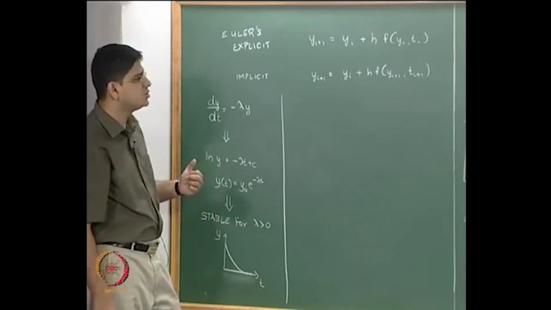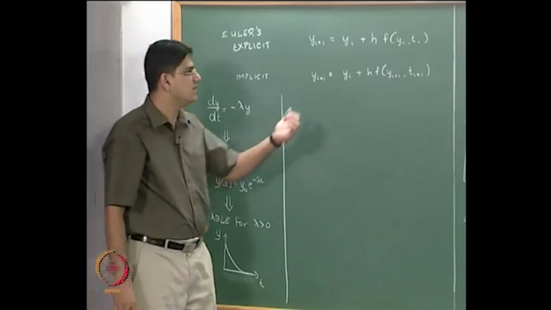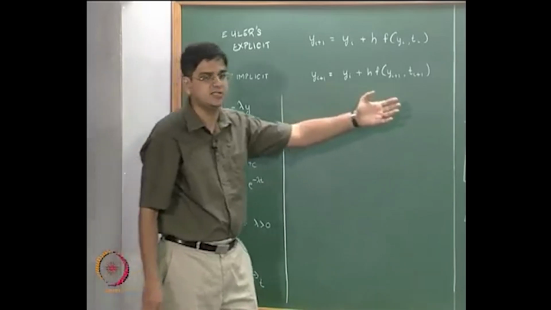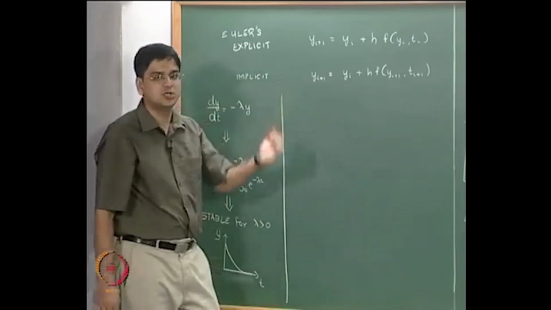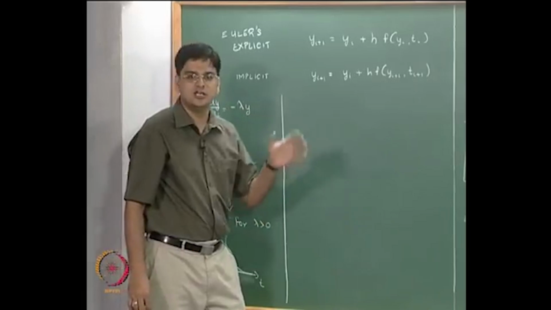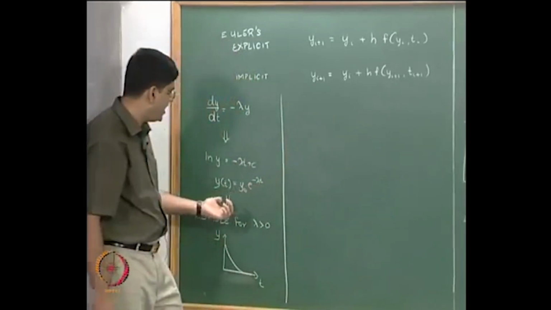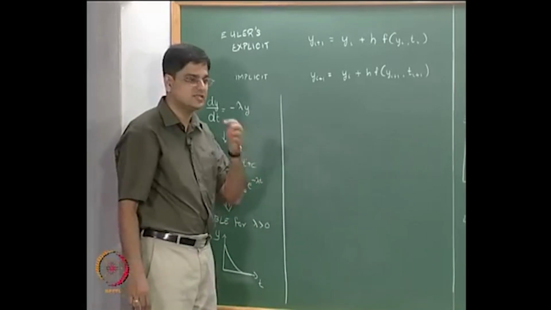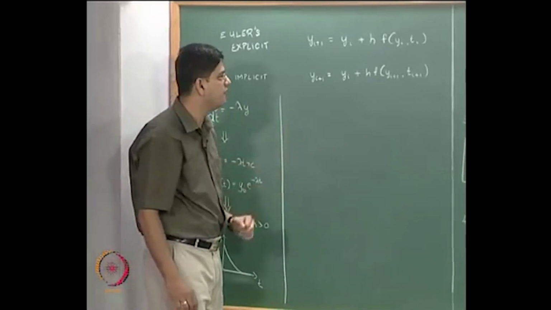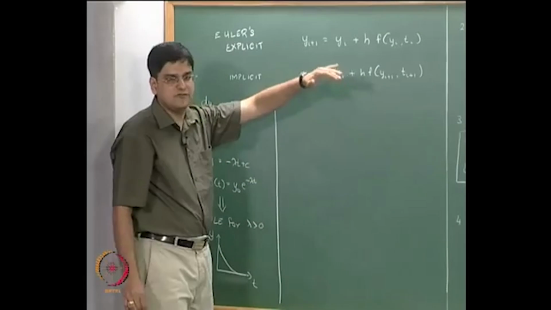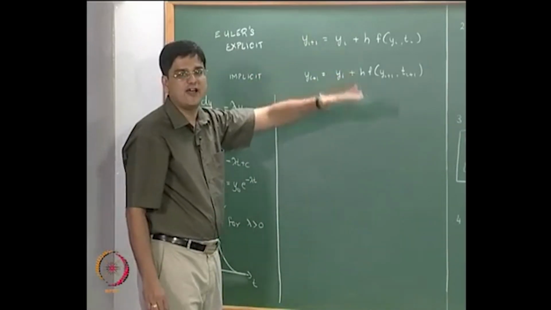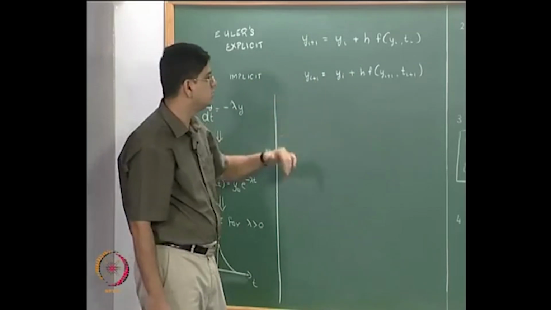What that means is that limit as i tends to infinity, or limit as t tends to infinity, y should converge to a finite value. This is of course true only if the original analytical equation is stable. We are just considering those cases for now. So we want the value of yi to be equal to a finite value as i tends to infinity.